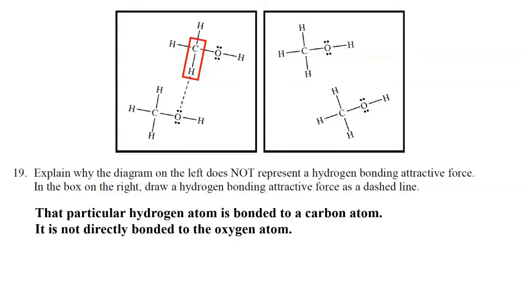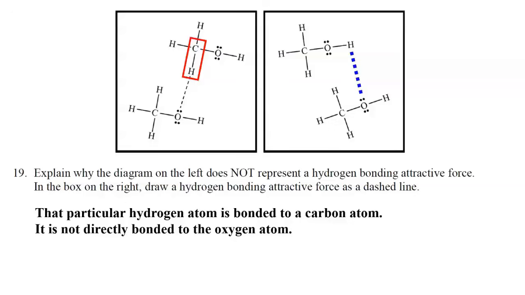So in the box on the right, draw a hydrogen bonding attractive force as a dashed line. So I have to use one of the hydrogens that is directly bonded to oxygen and then have that connection be to the oxygen on the other molecule. So you could have drawn the dashed line like this, where that hydrogen on the top molecule is directly bonded to oxygen and it reaches out to form a connection with the other molecule, and that would be the oxygen.